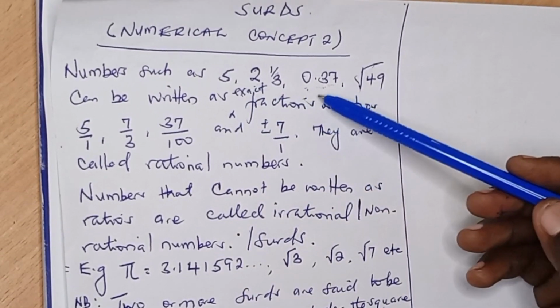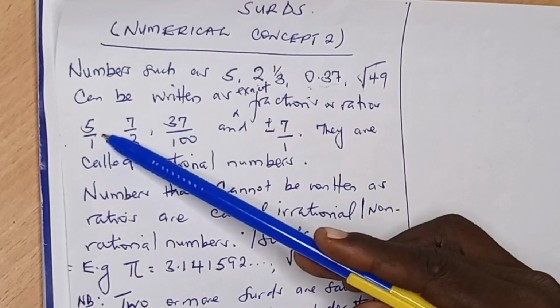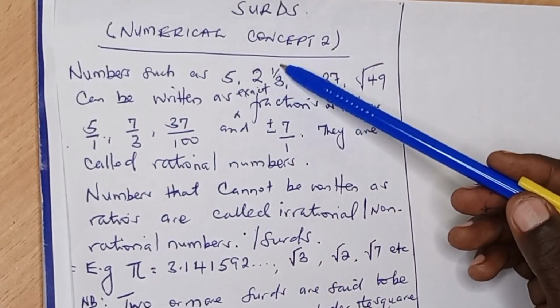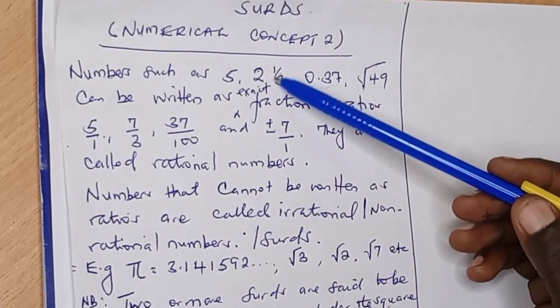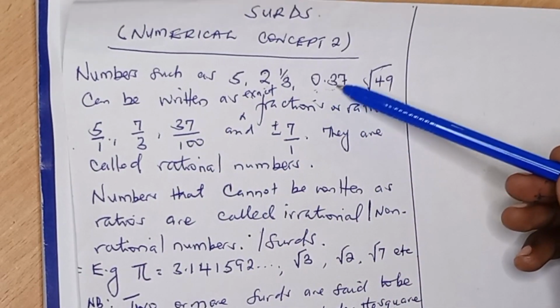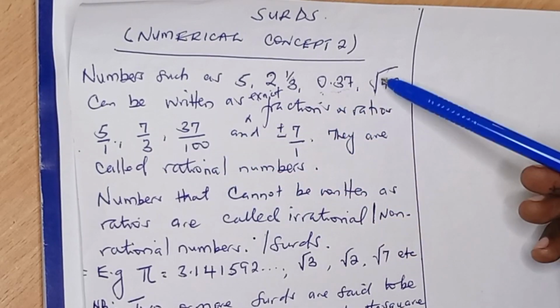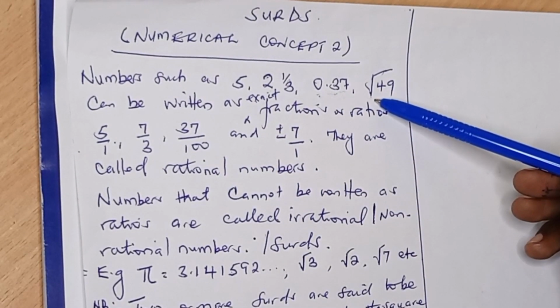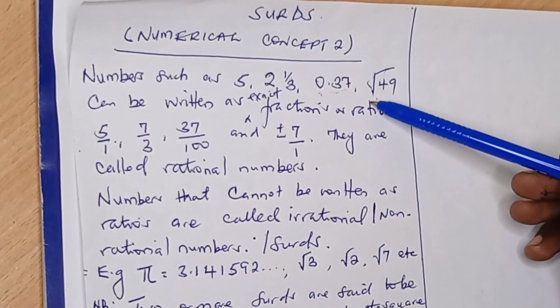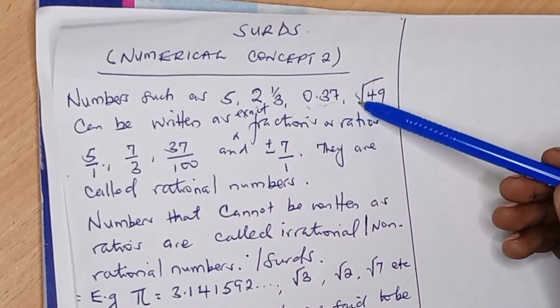These numbers can be written as fractions. 5 as a fraction is 5 over 1. 2 and a third, which is a mixed fraction, as an improper fraction is 7 over 3. 0.37 is 37 over 100. And the square root of 49, of course, is plus or minus 7 over 1. So these numbers are not SADS.